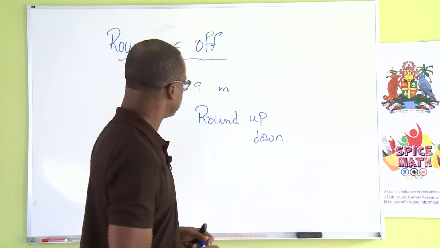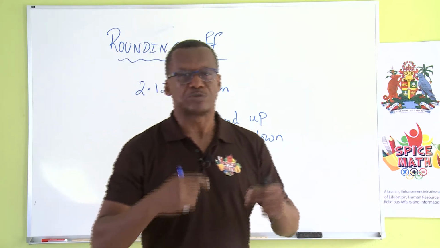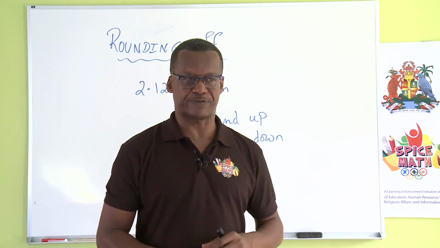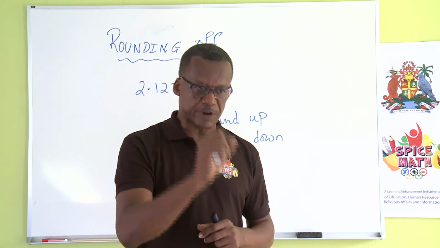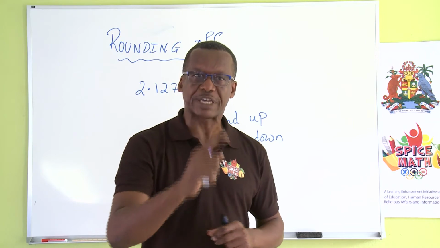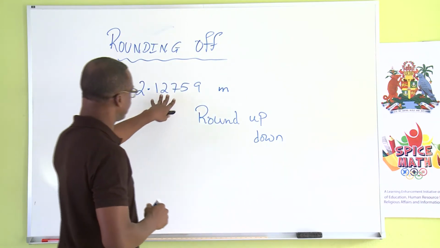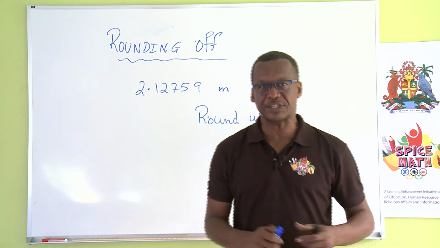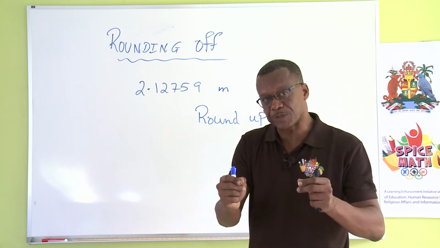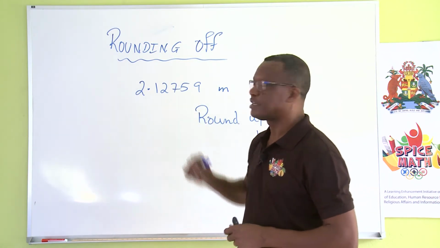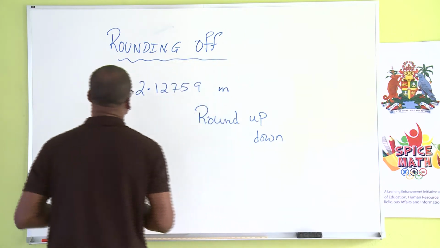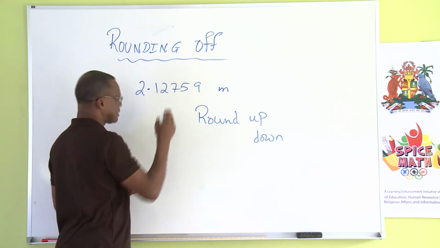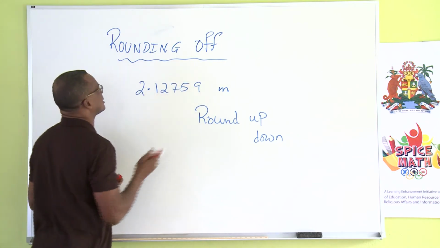So for example, in a question, we may be asked to round off to 3 decimal places. It means, therefore, that the third decimal place from the decimal point going to the right will be our target digit. So in this case, if you look at the number on the board, you'd notice that the target digit, if we're looking for 3 places of decimal, would be the 7. Starting from the decimal point, moving to the right, 1, 2, 3. So our target digit is the 7.